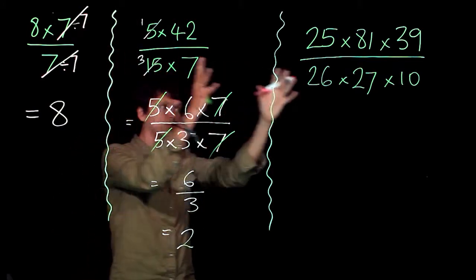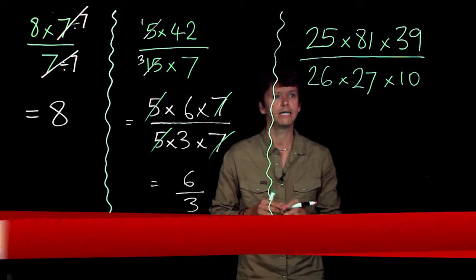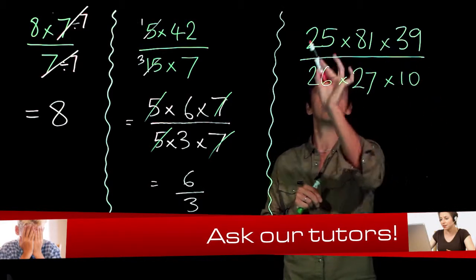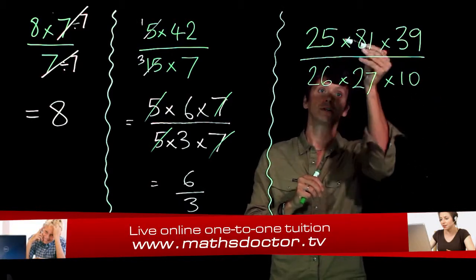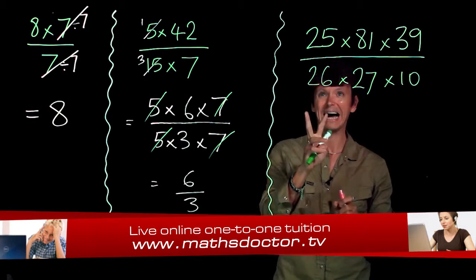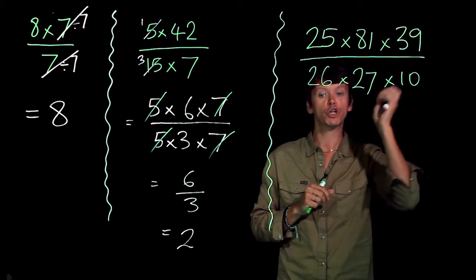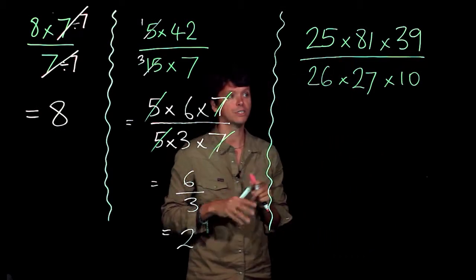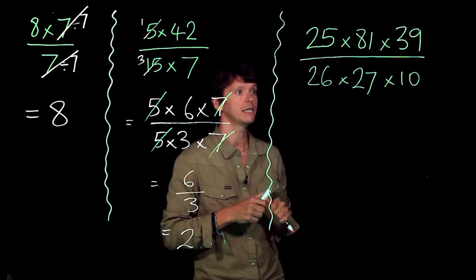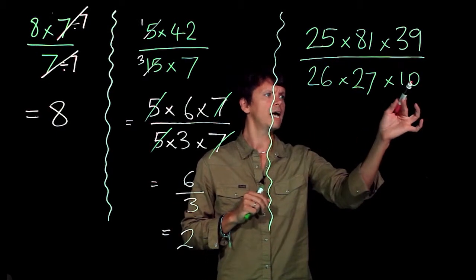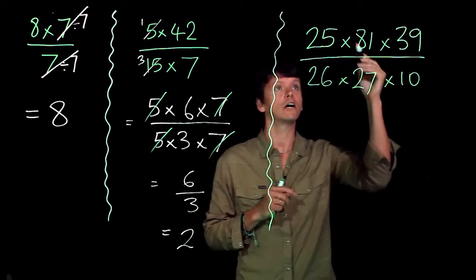And we're going to use that approach, finally, over here. Difference here is we don't have numbers which are factors of other numbers, but we do have numbers in the numerator and the denominator that have common factors. This is another opportunity to cancel down. So let's find some. 25 and 10. Common factor, 5.